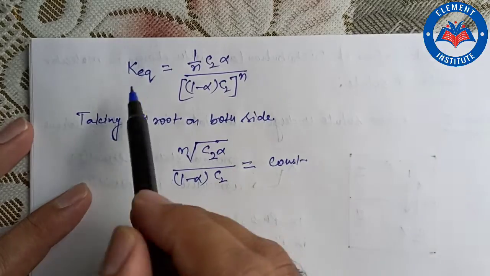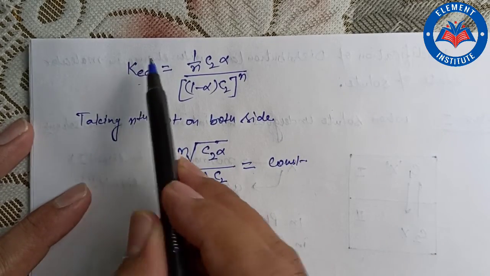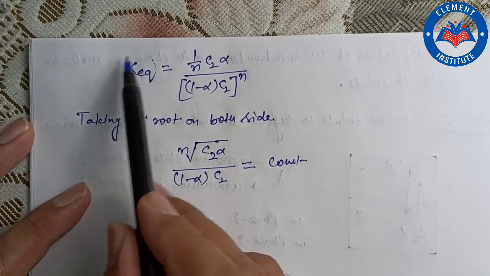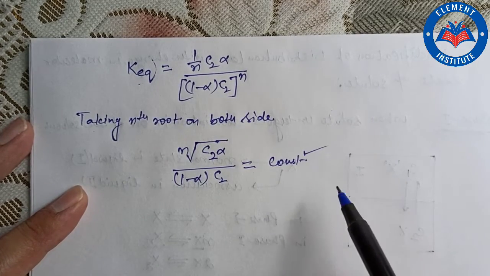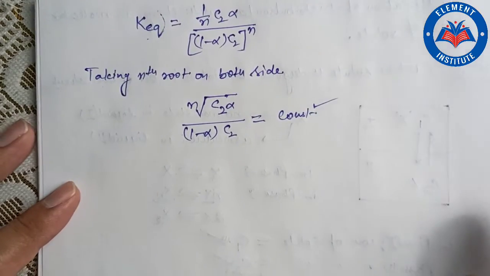Okay, because the equilibrium constant is a constant value, the nth root of a constant is further a constant term.